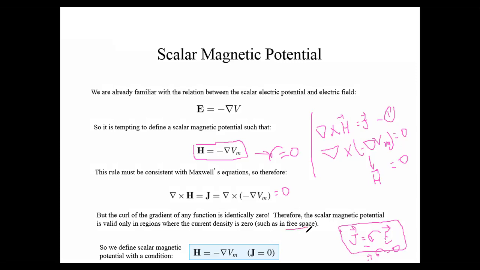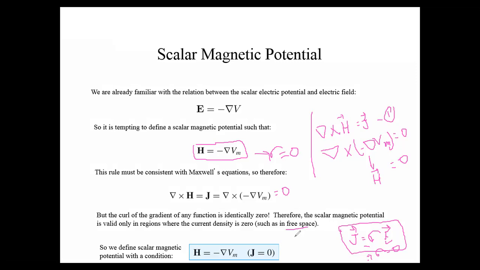What I am trying to emphasize is that this scalar magnetic potential, unlike the electric potential, is bounded by a constraint: it is applicable or valid only for the charge free region.